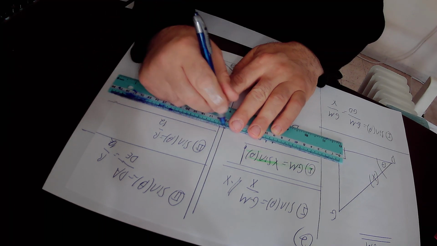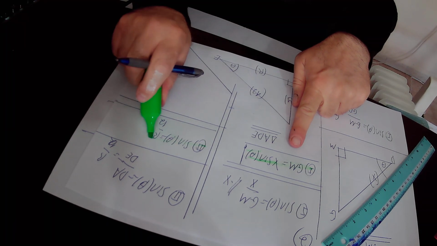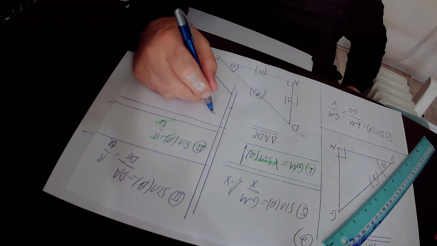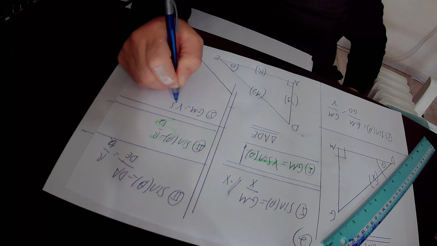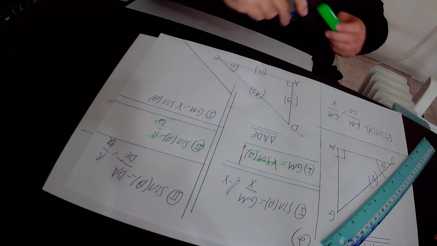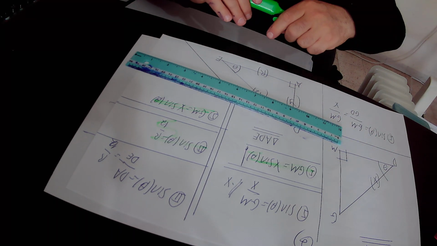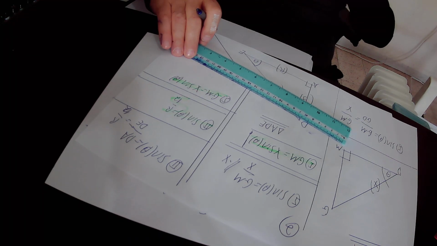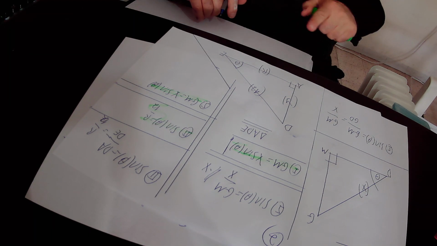While according to equation 1, we have already found out that GM equals X times sine theta.